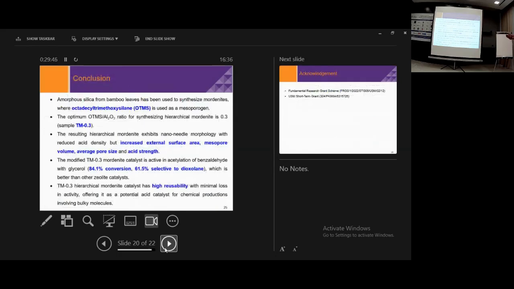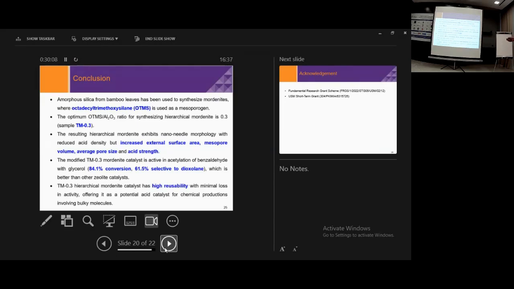As a conclusion, amorphous silica from bamboo leaf has been used to synthesize mordenite zeolite, where the OTMS is used as a mesoporogen. The optimum OTMS over alumina ratio for synthesizing hierarchical mordenite zeolite is 0.3.